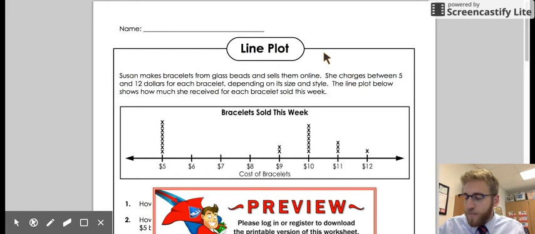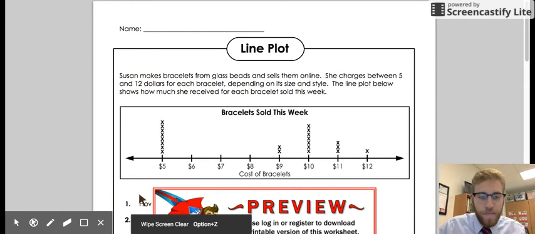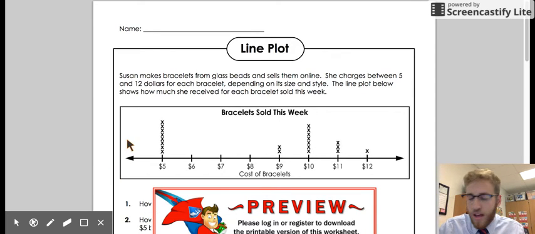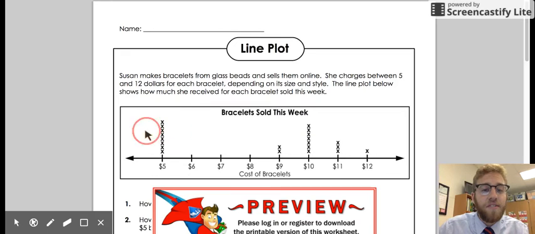Now it gets a little bit different because those X's that you just counted are actually going to be counted in a different way for number 2. On problem number 2, it says, how much money did Susan earn on $5 bracelets alone? We know alone means by yourself. So the $5 bracelets by themselves, how much money did Susan earn from them? Well, we know each one is a bracelet, but we also know that each bracelet is worth how much?